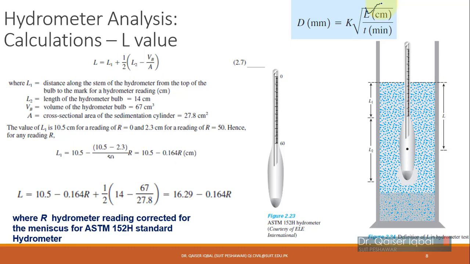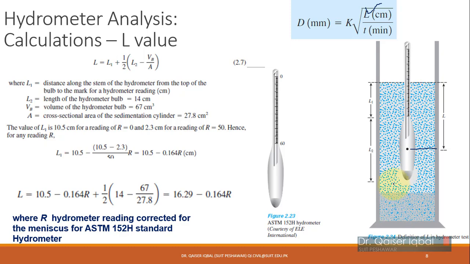So, what is L? I told you that the hydrometer measures the specific gravity of anything at the center of the bulb. So L is basically the total immersion length of the center of this bulb from the top of the meniscus of the water. This is the soil mixed with water in which you have placed the hydrometer.